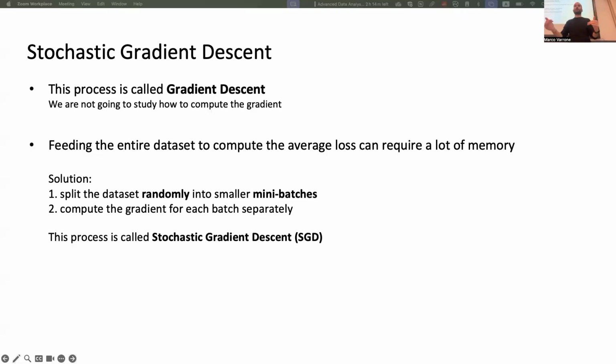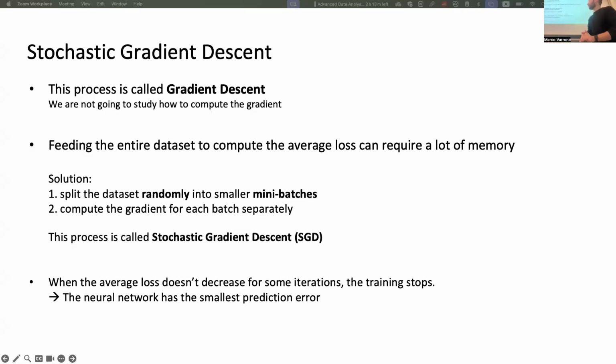Then you move to the next group, you compute the gradient, you change the weights. Next group, you compute the gradient, change weights. And when the average loss doesn't decrease after some iterations, then the training stops, meaning that hopefully the neural network has reached the smallest prediction error.